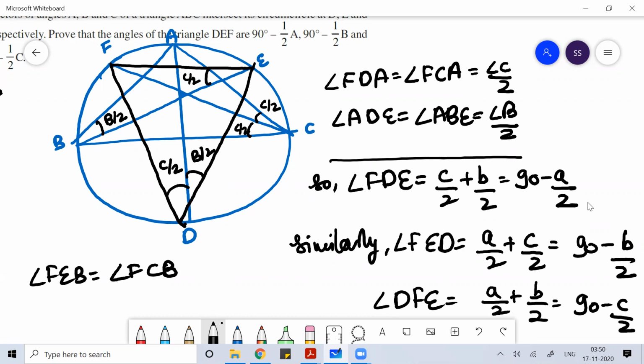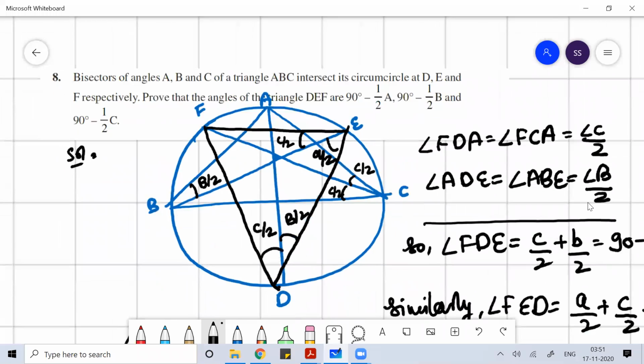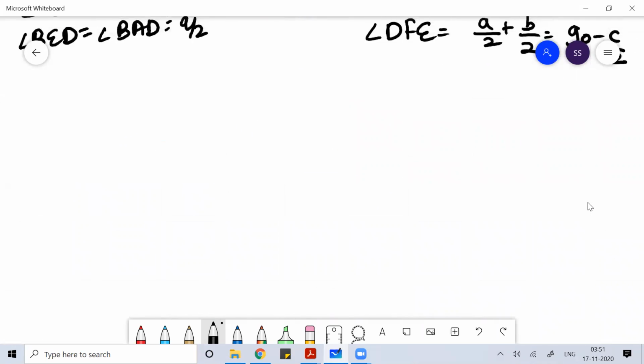And then BED is equal to angle BAD, that is equal to A by 2. So like that you can do all the calculation, very simple. Question number 8 is very easy.